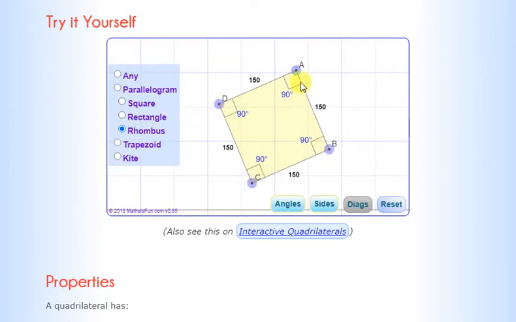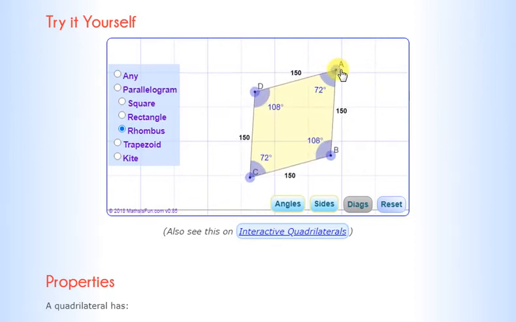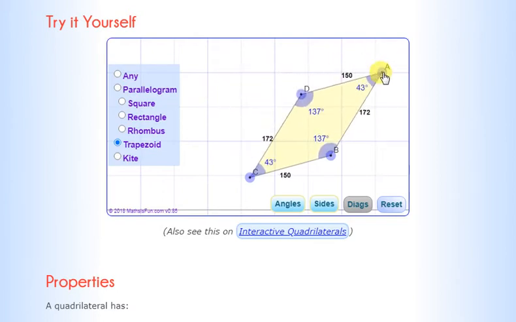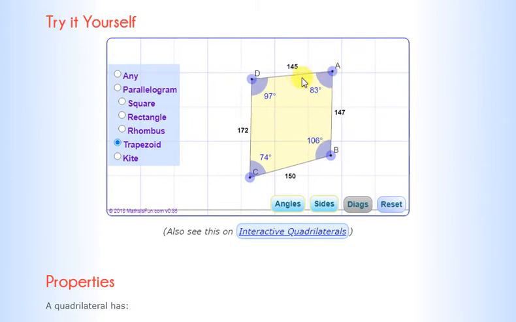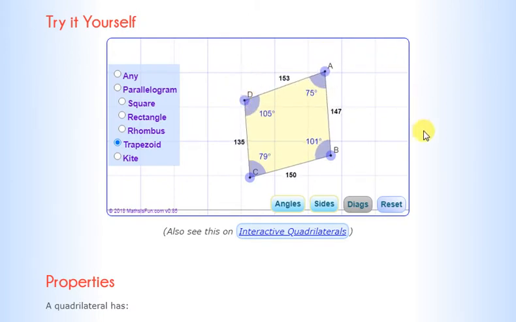In a rhombus you may have 90-degree angles, but you can also have other angles, but all sides should be the same, right? Then you have the trapezium. You can make different trapeziums which have no pair of parallel lines or only one pair of parallel lines in it, right? These are types you have already learned.